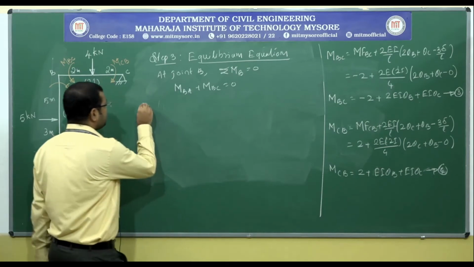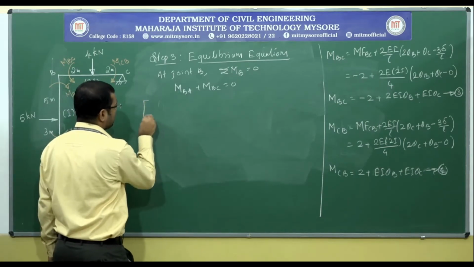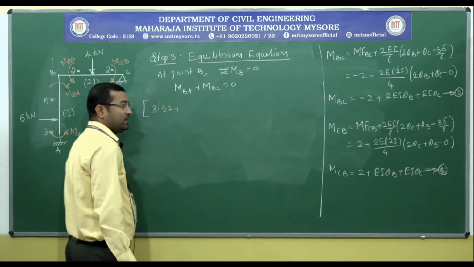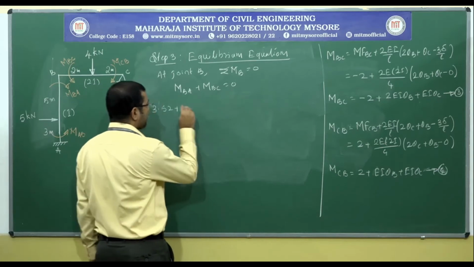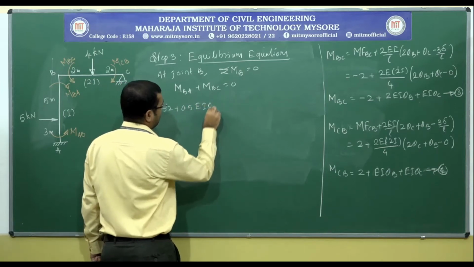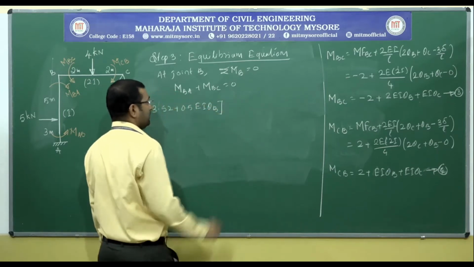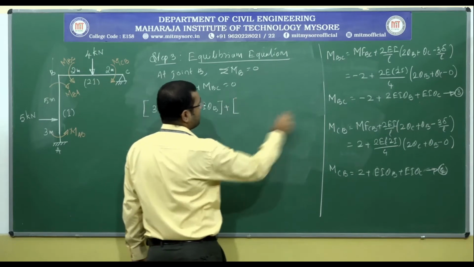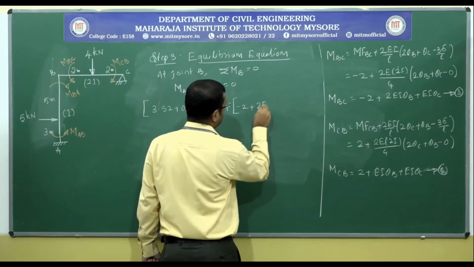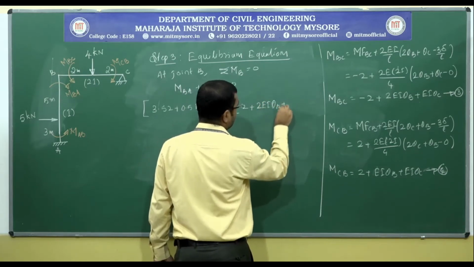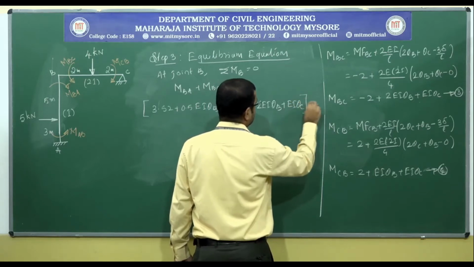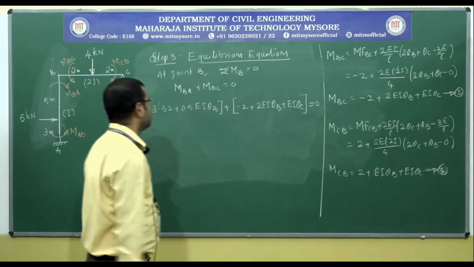MBA is equal to 3.52 plus 0.5 EI theta B. This is the value of MBA, plus the value of MBC, which is minus 2 plus 2EI theta B plus EI theta C. This sum should be equal to 0.